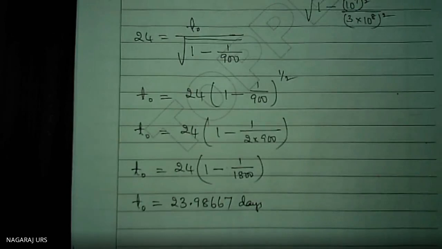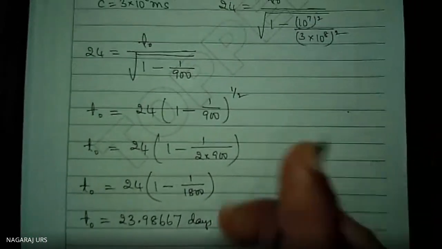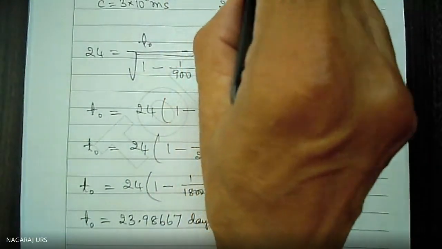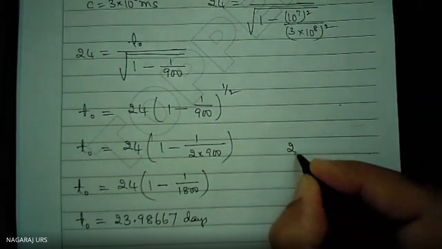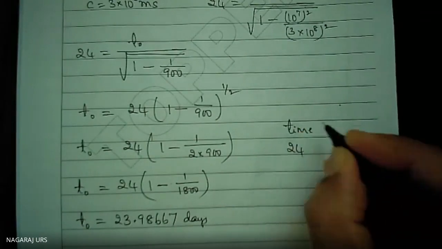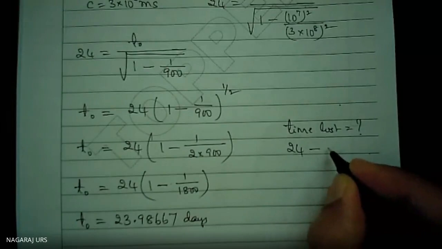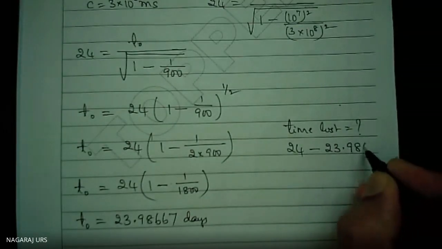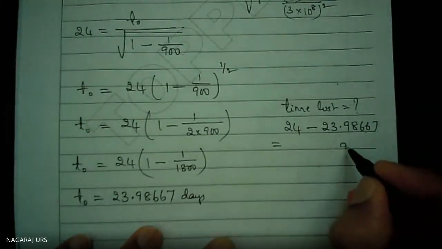So many days this is. Now what we are supposed to do is calculate the difference. How many seconds it appears to lose, we are supposed to calculate. Therefore 24, okay, time lost: 24 minus 23.98667.